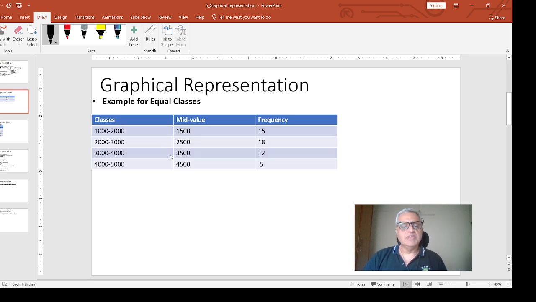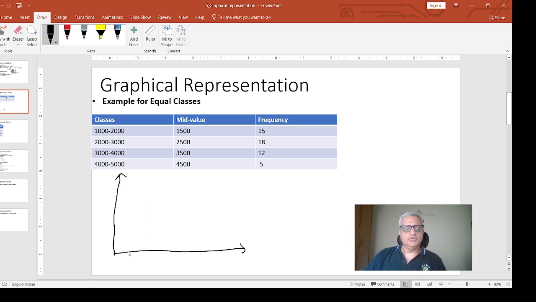So we have an example. We have basically four classes. Let us try to depict it on the x and y axes. Bear with me for my straight lines; I will try my best to make it understandable.